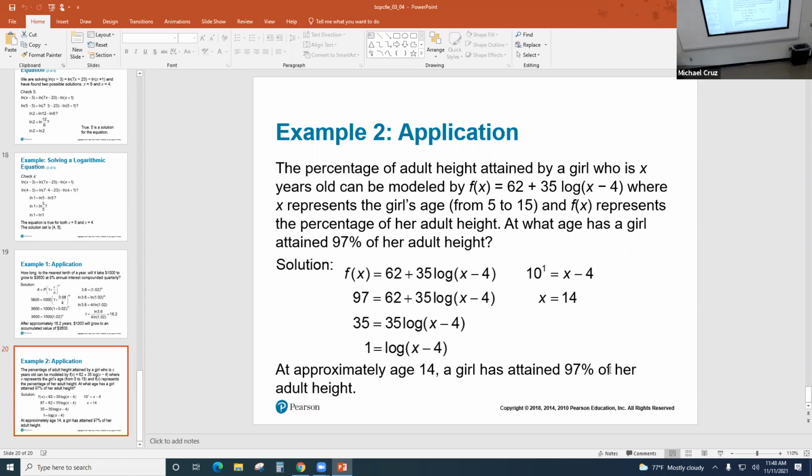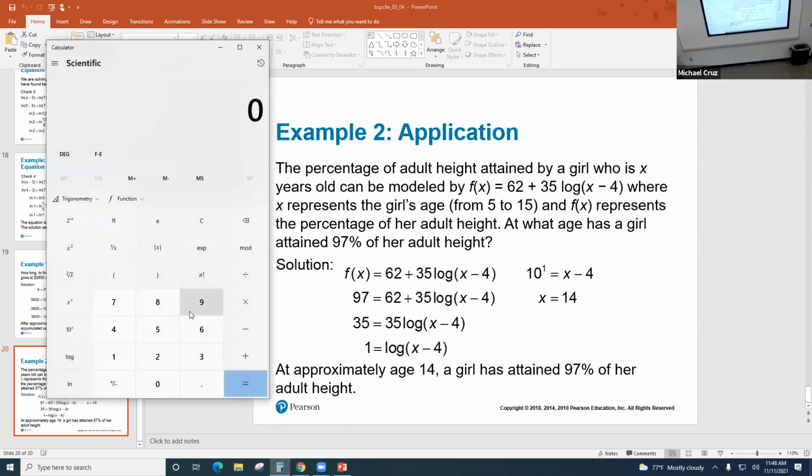Now, we looked at something like this in a simpler case earlier with exponents, but we weren't looking for the percent. We were saying at what age, I believe. So we just fill in the blank, 97 equals 62 plus 35 times logarithm of x minus 4. And what we're doing here is subtracting 62, okay? 97 minus 62, to get it away from here so that we just have numbers there.